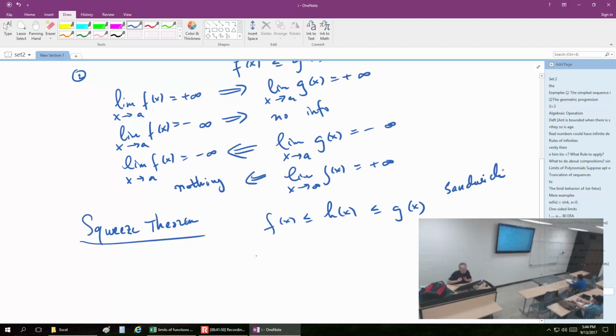Okay, sandwich. Something is sandwiched between two, squeezed or held by two functions whose behavior at a limit is known. In addition to this, we can make conclusions about h. So suppose the limit of f of x is equal to the limit of g of x, let's say equal to L. So these exist.